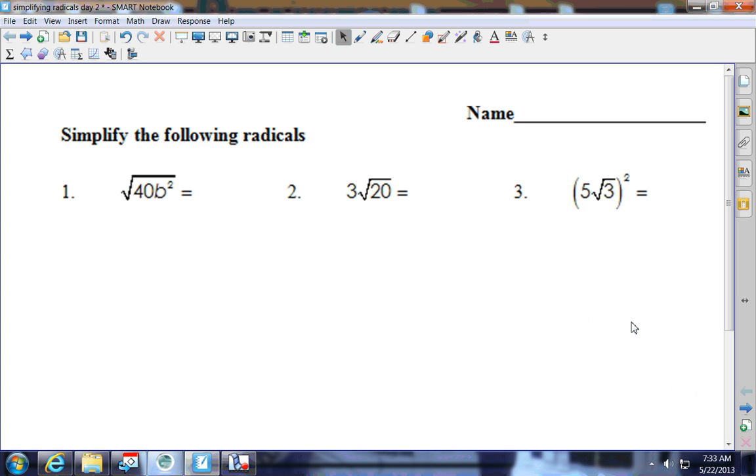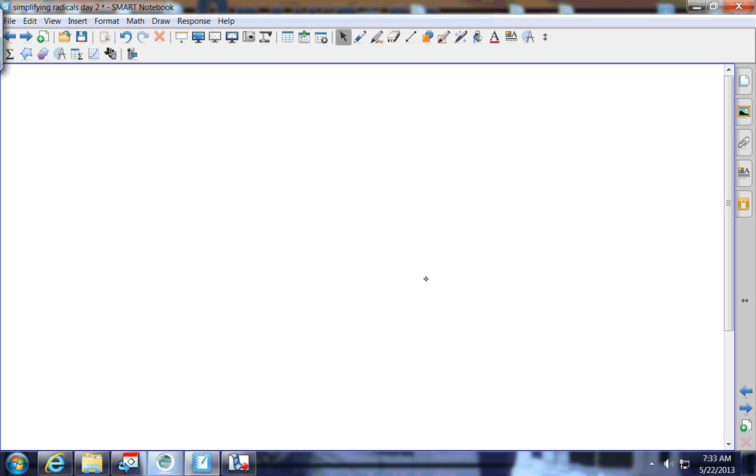Okay, I need you guys to flip over your papers to the back so that we can start there and just try to apply some of these rules of radicals. First off, say we have a number, I'll just pick 40. The square root of 40.